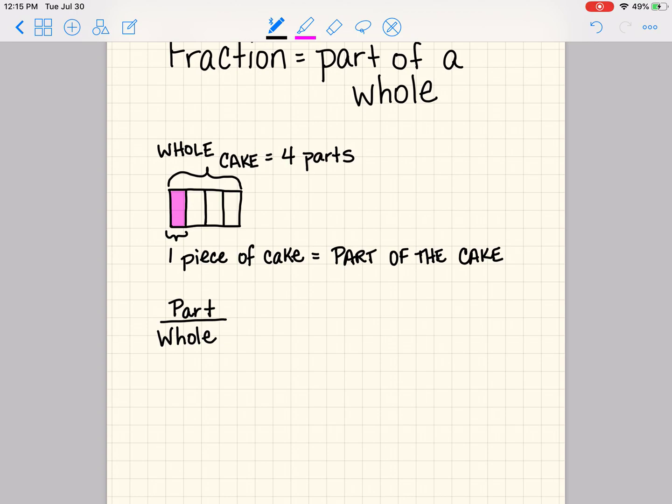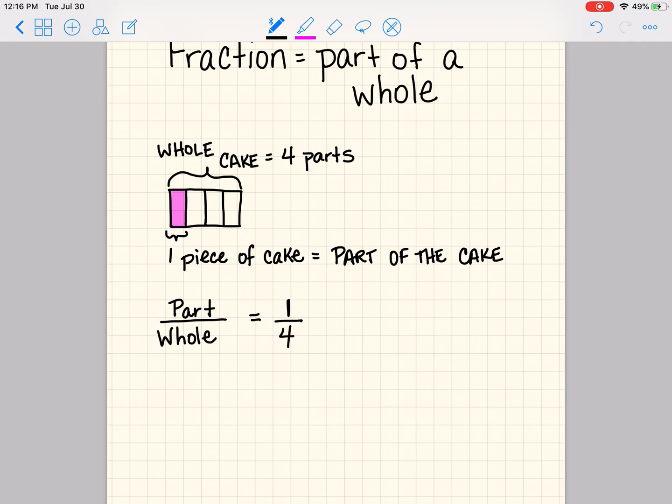So here in our demonstration, we have 1 piece of cake, which was part of the cake, over the 4 parts that make up the whole cake.